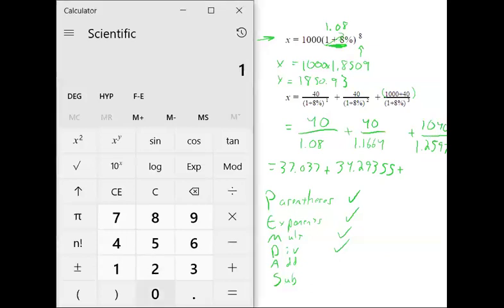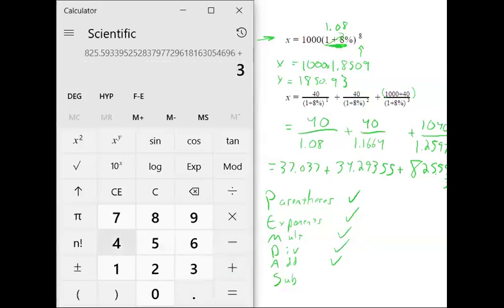It is 1040 divided by 1.2597. Put that in, and you get 825.593. Now we get to do addition. That's our last step. So we need to add up these three things. Since this is already in the calculator, I'll start with it, and I'll add these two to it.